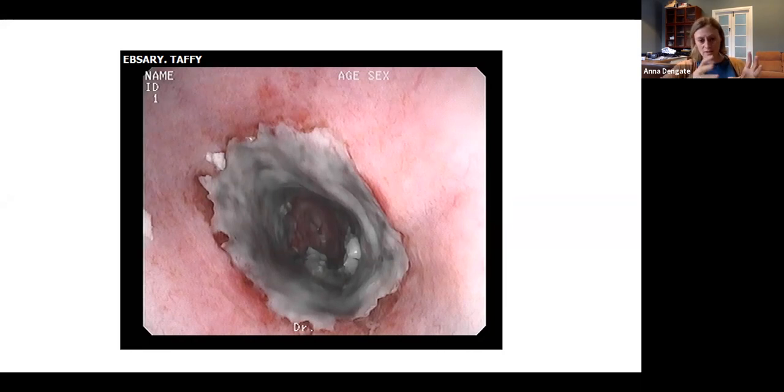And the esophagus was otherwise flaccid and dilated and wasn't as affected by the reflux. So when it's been full circle like that, stenosis is a real consideration.